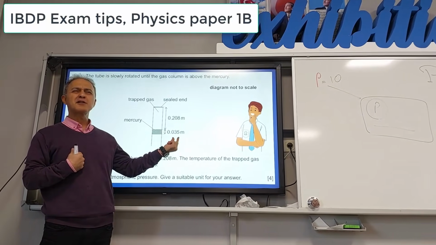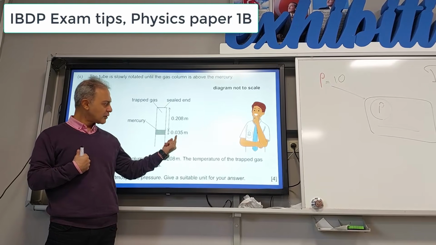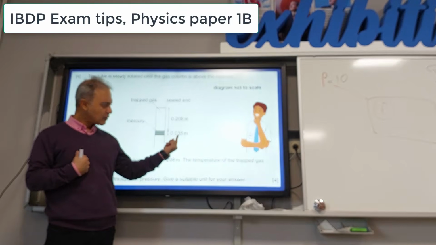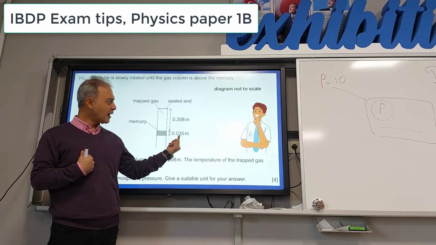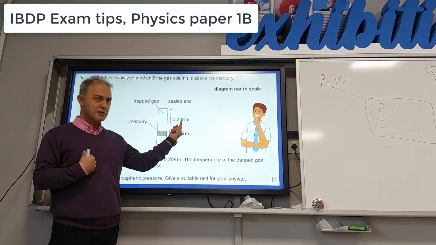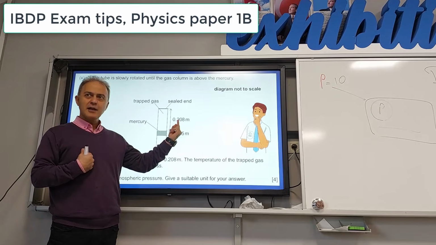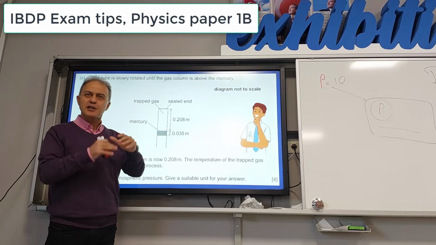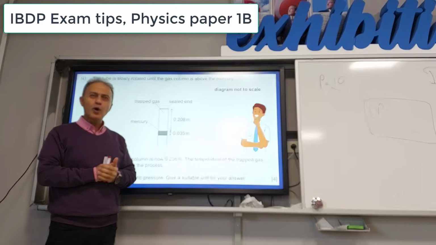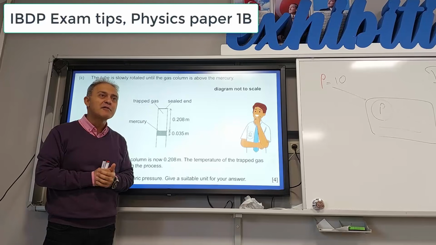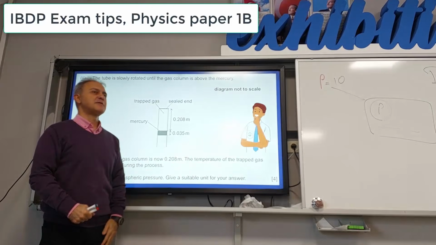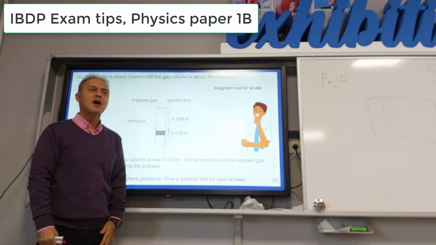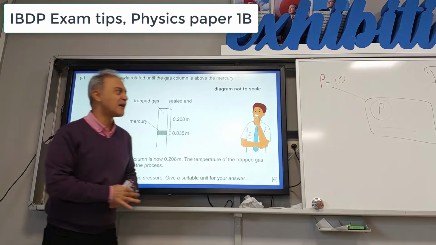How many significant figures do you have? 3. And this one? 3. You have multiplication, division, and so forth, so you should go with the minimum number of significant figures. Perfect. What is the answer? Something with 2 significant figures.